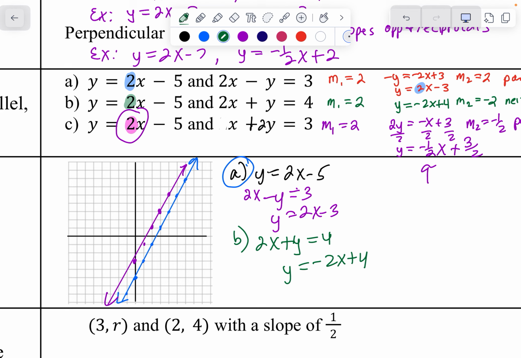What's our y-intercept or our starting place here? 4. Yeah, you're going to start at 4. Our slope is -2, so we're going to go down 2 to the right 1, down 2 to the right 1, down 2 to the right 1.